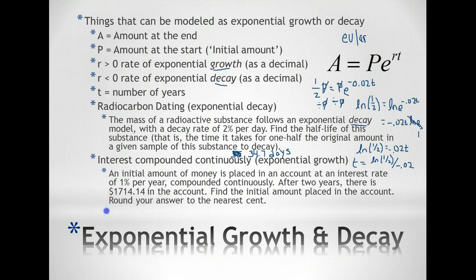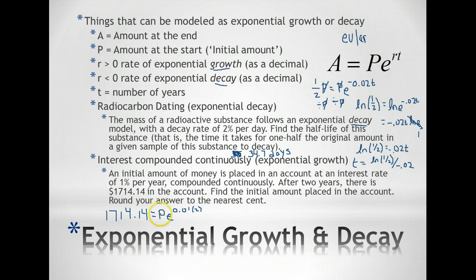So that's the amount at the end. So that's the A. 1714.14 equals P, which is what I don't know, times e, my interest rate is 1% per year. It's growth, so it's positive, 0.01. And the time is 2 years.